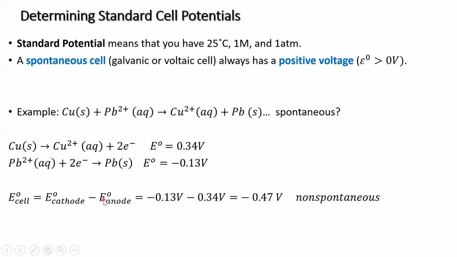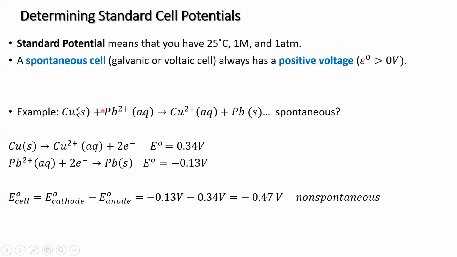So we're going to substitute in for our anode 0.34. So we've got our reduction value minus our oxidation value, or what takes place at the cathode minus what takes place at the anode, and we get a negative 0.47. The important part is this negative sign.